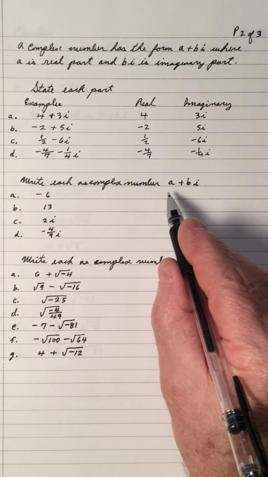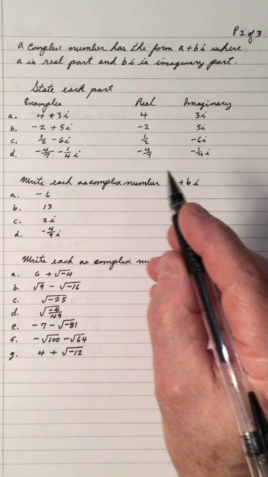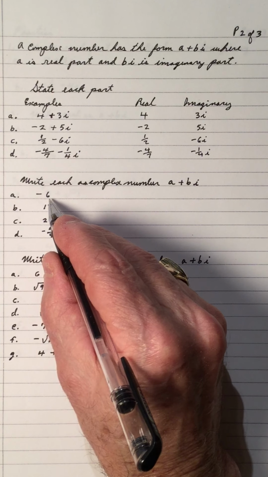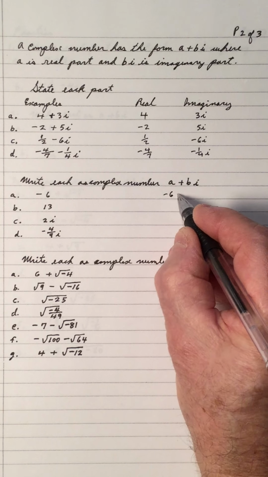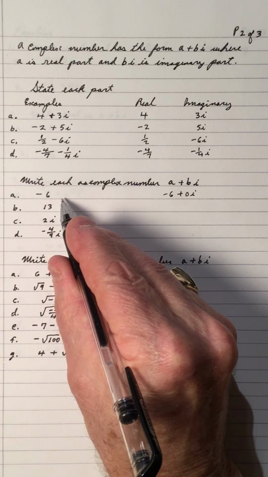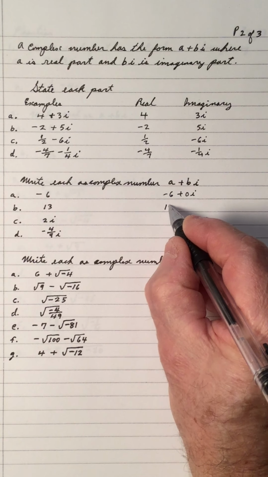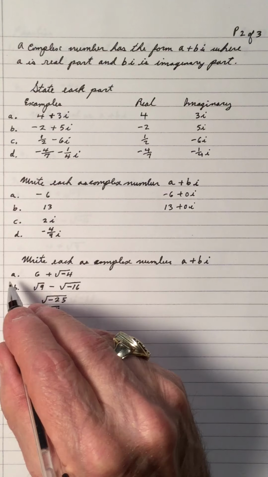Write each as a complex number as a plus bi. If we have a negative 6, then as a complex number, it's a negative 6 plus 0i because there's no imaginaries. 13 is 13 plus 0i. Again, there's no i's.